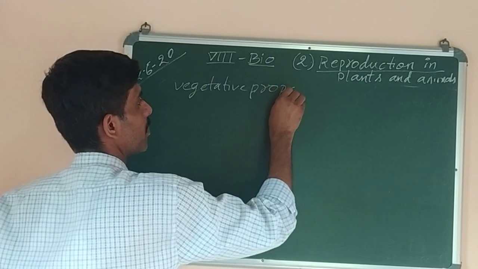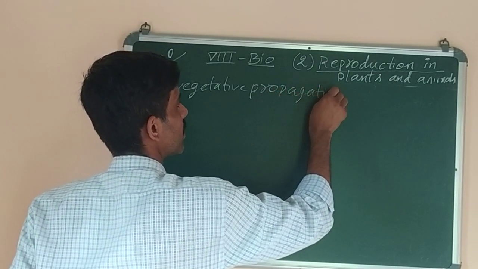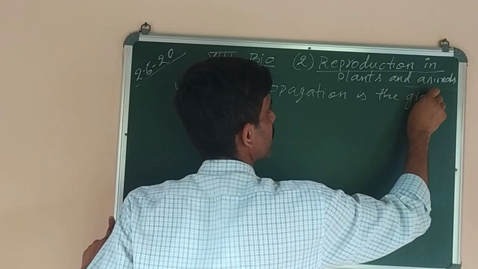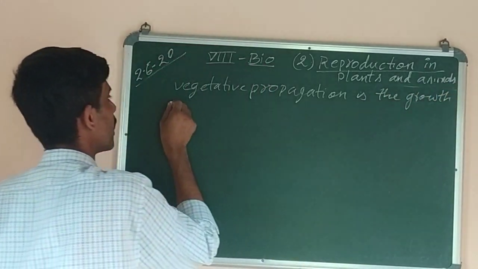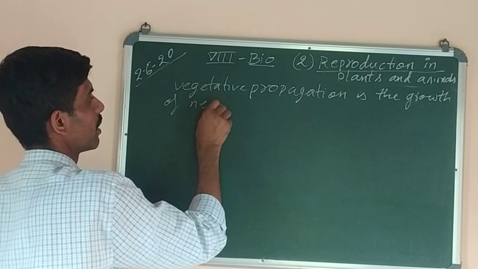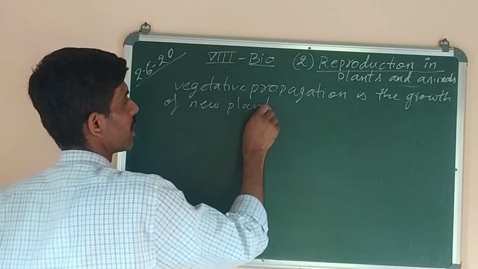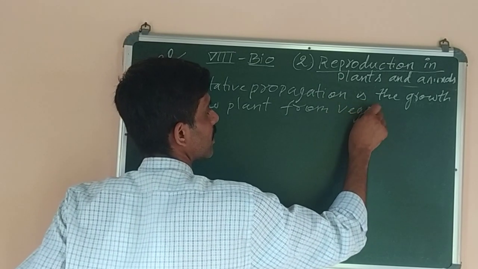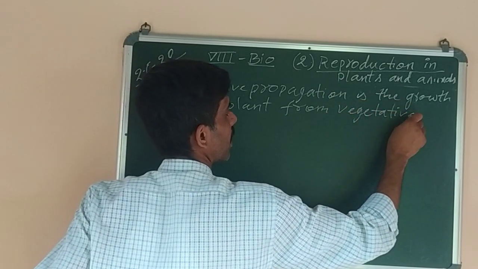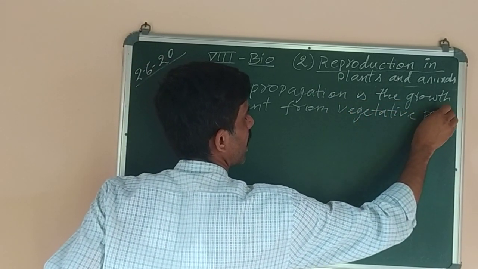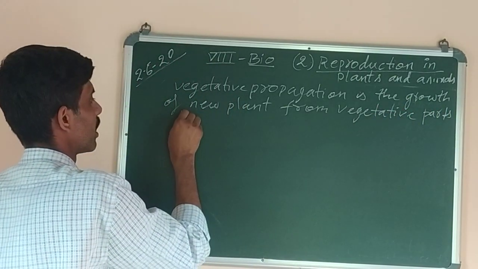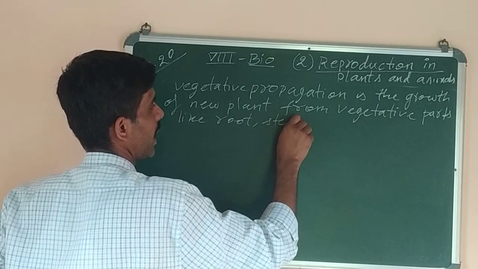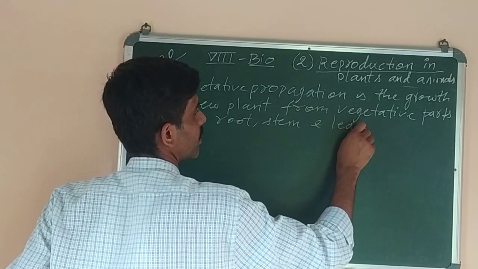Vegetative propagation is the growth of new plant from vegetative parts like root, stem and leaves.